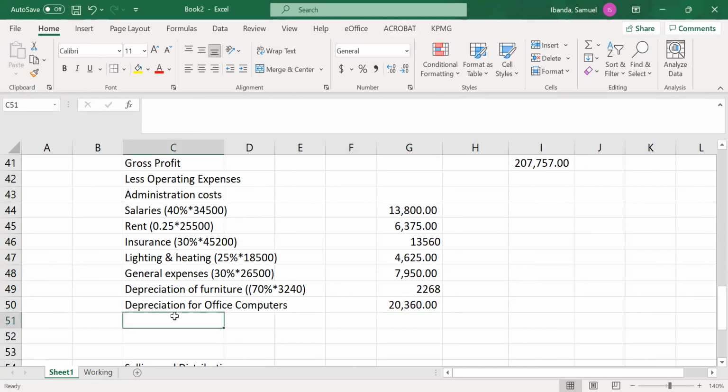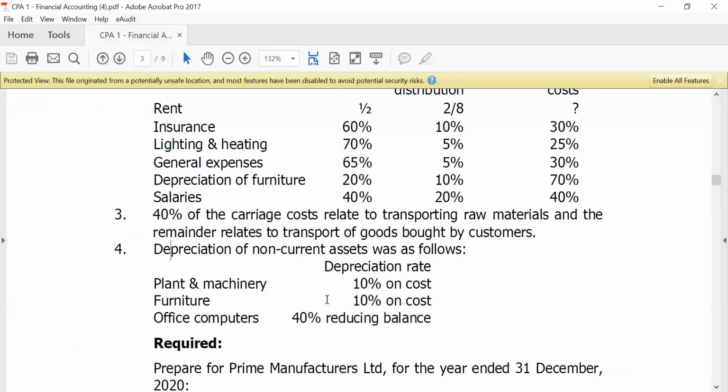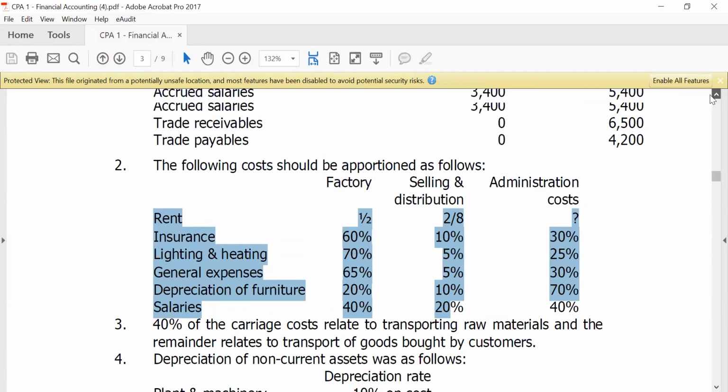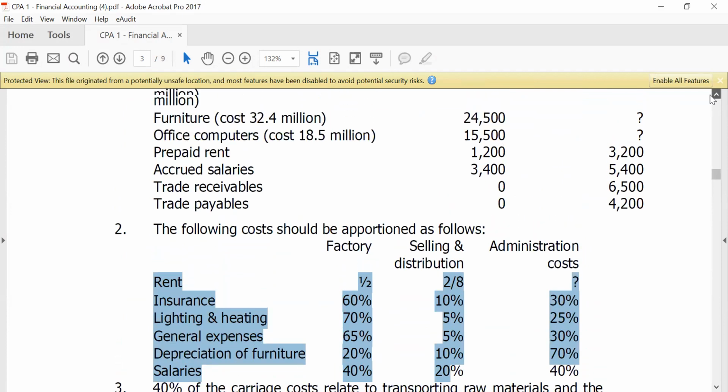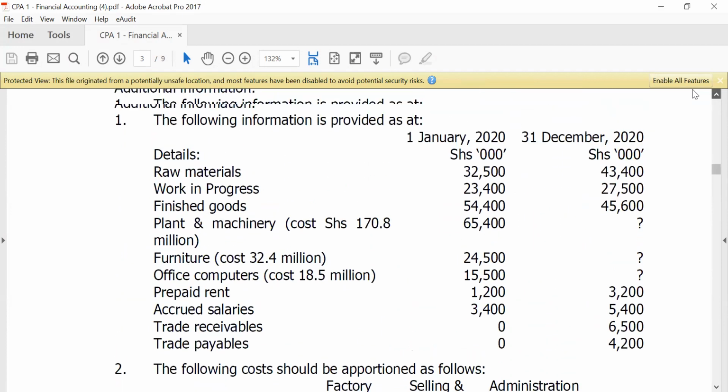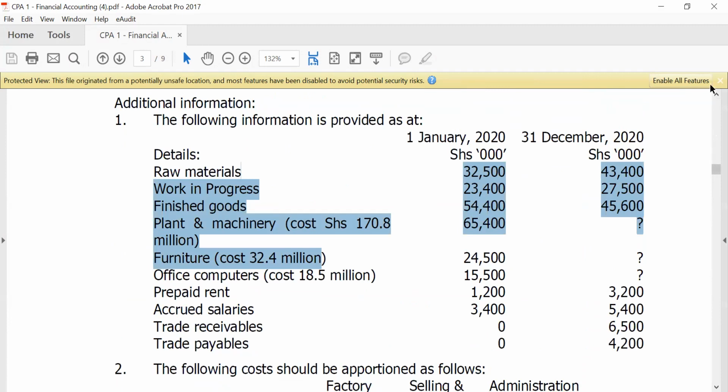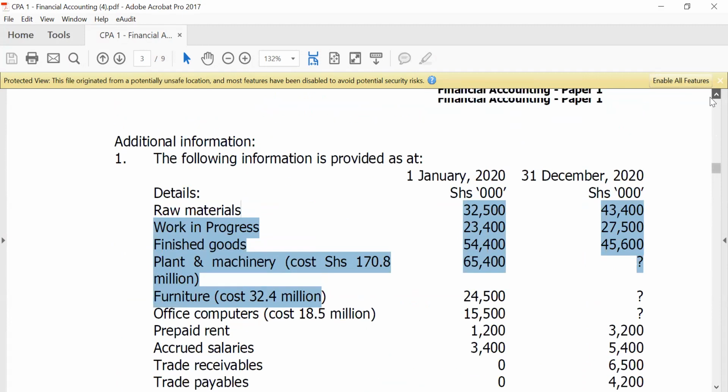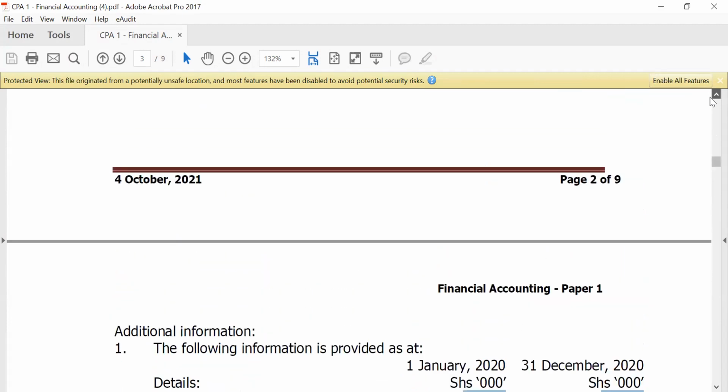So after depreciation for office computers, the next thing we are going to look at is, so we have accumulated this, we have recorded everything here. Let's just see if there's anything else that we have not taken into consideration. This one we have taken into consideration. Let's just look at our cash book.